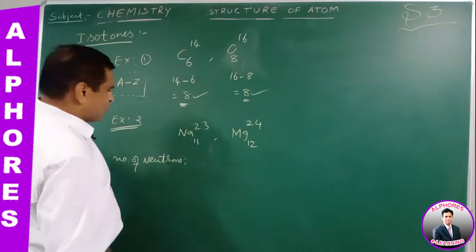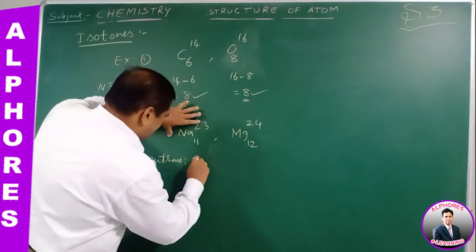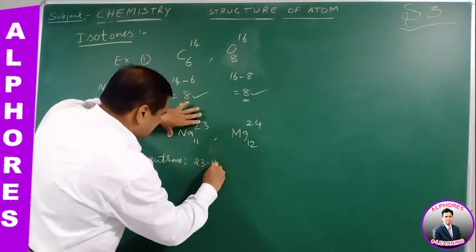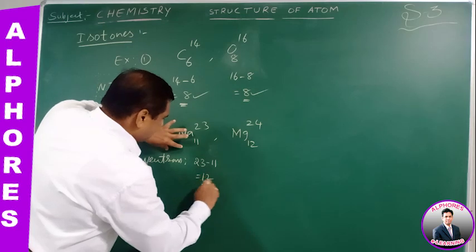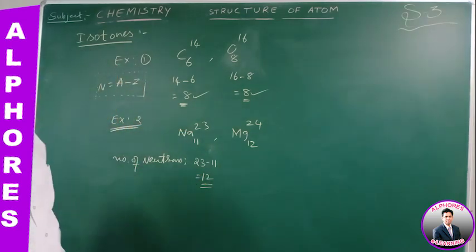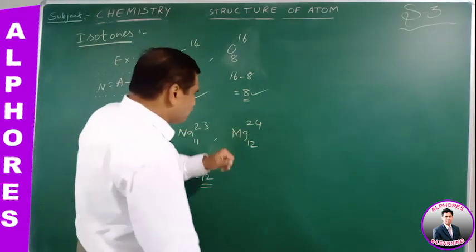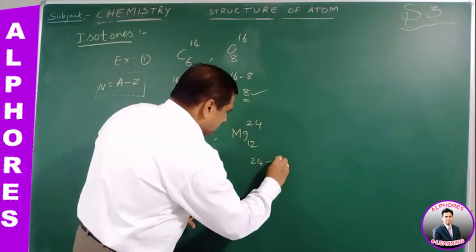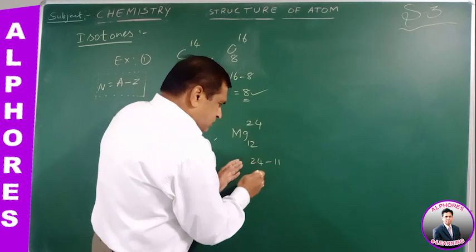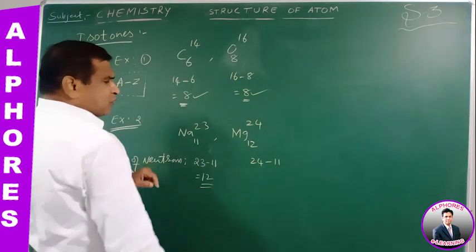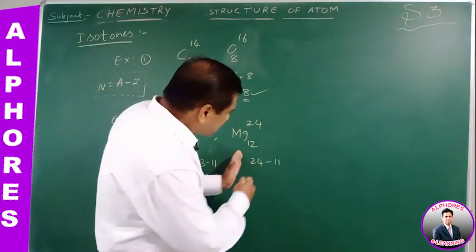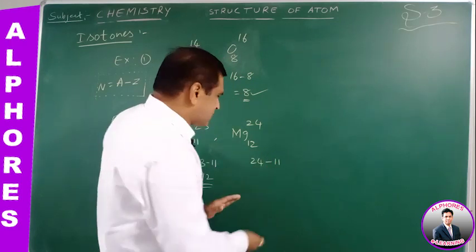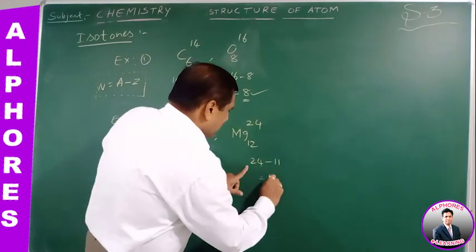The number of neutrons in sodium is 23 minus 11, which equals 12 neutrons. For magnesium, mass number 24, the sum of protons and neutrons, minus the number of protons gives 12 neutrons.